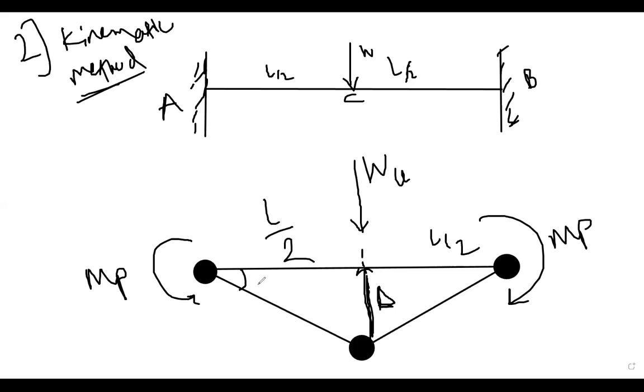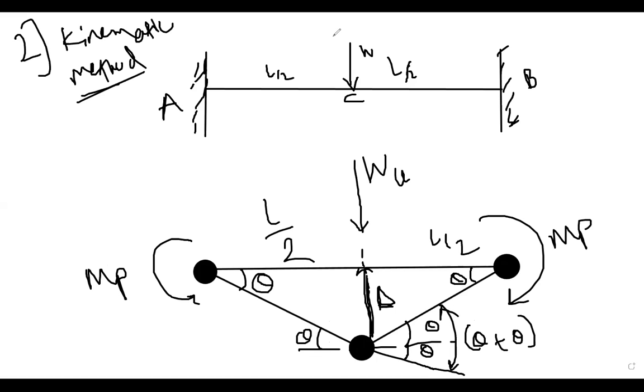Then there is a plastic hinge, therefore the plastic hinge will rotate at infinite rotation theta, that is the angle of rotation. This is theta, opposite angle theta. So below the load there is 2 theta, theta plus theta.